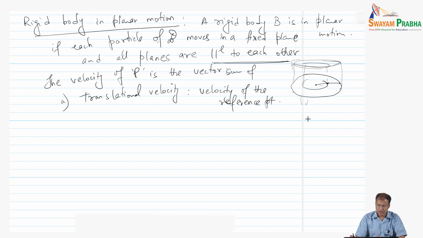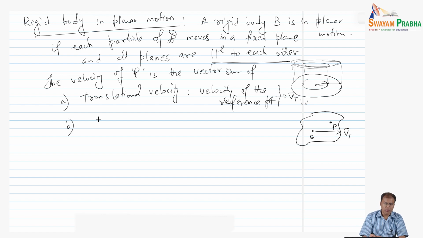What I mean is that suppose you have a rigid body and I want to find the velocity of any given particle on the rigid body. It will be the sum of two components. The first one is the so-called Vt, the translational component, that is the velocity of some reference point on the body, let's say C. So V at P is equal to V at C. Let me call this velocity of the reference point Vt.